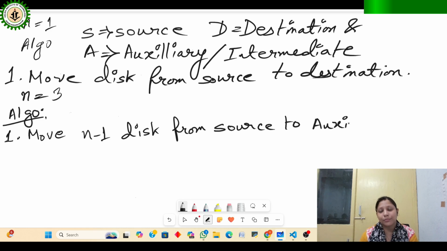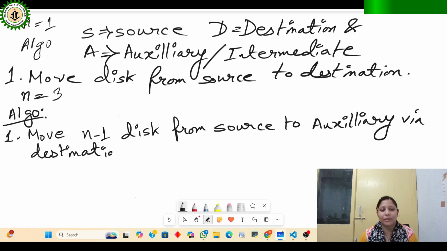Same way, like the previous algorithm with 2 disks, but here a new concept comes in: via destination. Via destination.